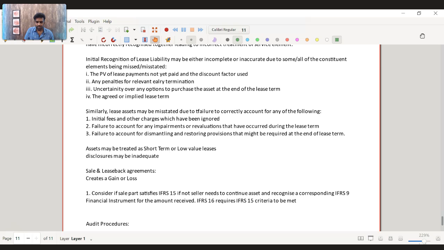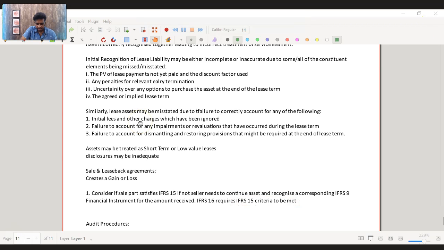Unrealized gain, which is the extent to which the ROU cost has come back to the financial statement, cannot be recognized. And also IFRS 16 very clearly says that the sale has to be recognized as per IFRS 15. The criteria have to be met as per IFRS 15 very clearly.